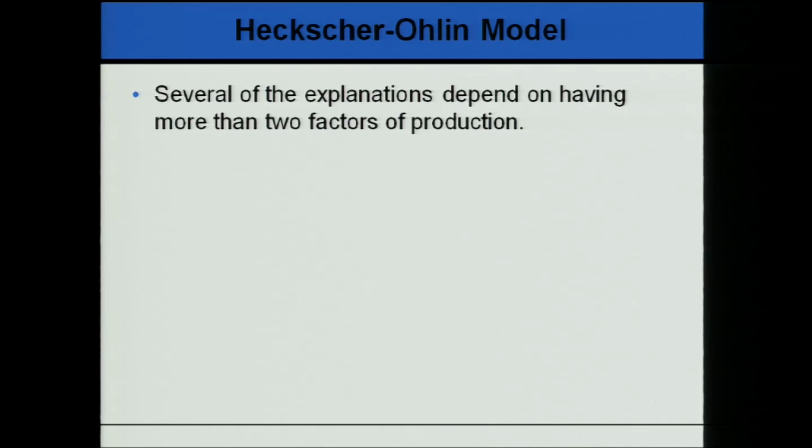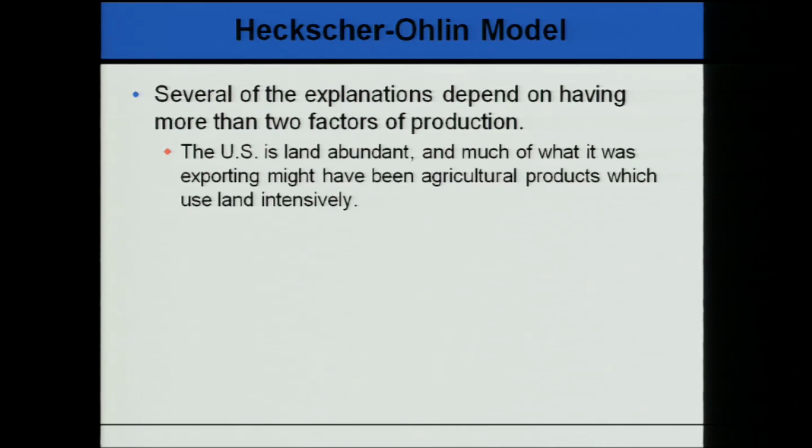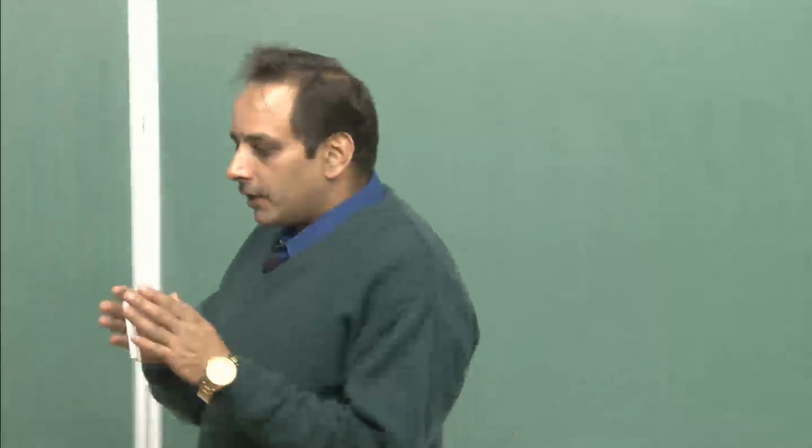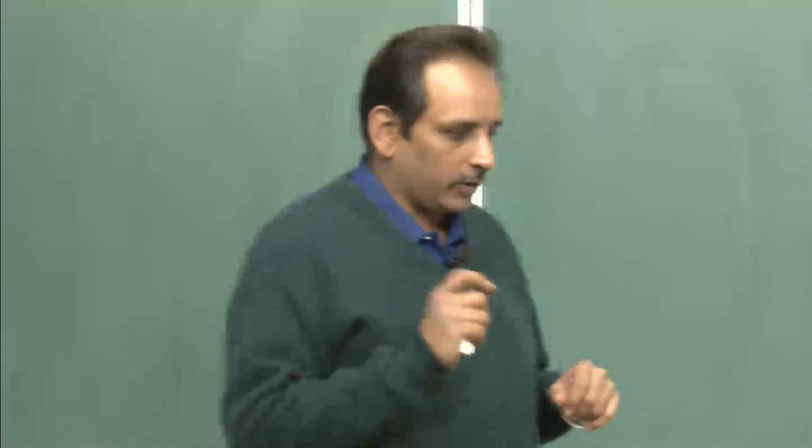Now, several of the explanations depend on having more than 2 factors of production. So, here to explain Leontief's paradox, we need to deviate a little bit from the Heckscher-Ohlin model.